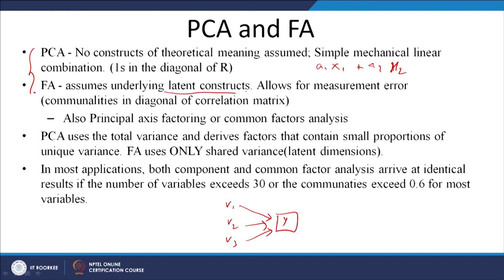Now, I hope you understand what a latent construct is. A latent construct is something which cannot be measured directly; it can only be measured with the help of several other variables. What do I mean by that? Let us take the case of satisfaction. How satisfied are you as a person? Can I measure satisfaction directly? Not possible, right. So, I will measure satisfaction maybe through several other variables.